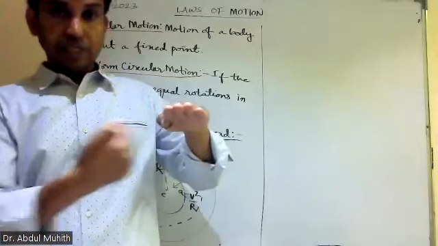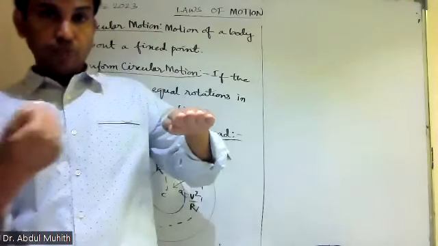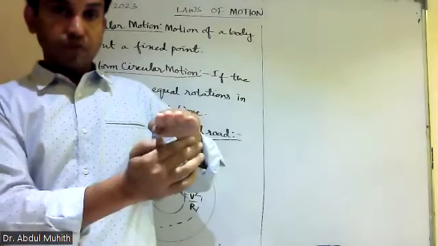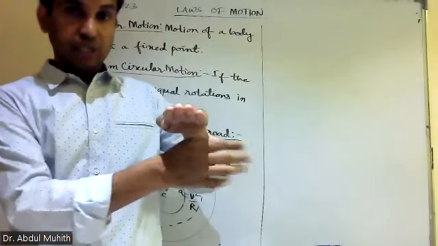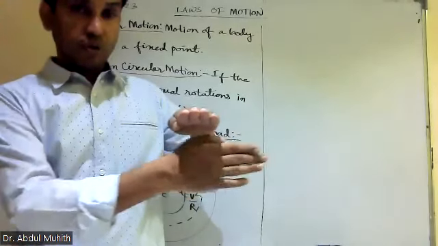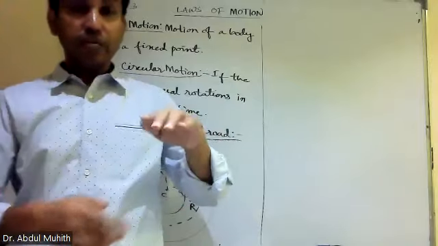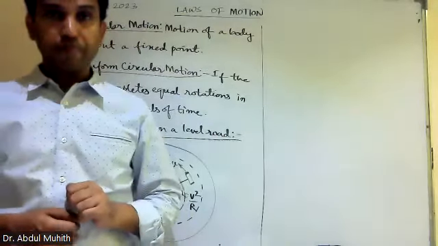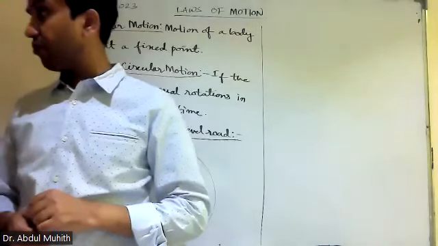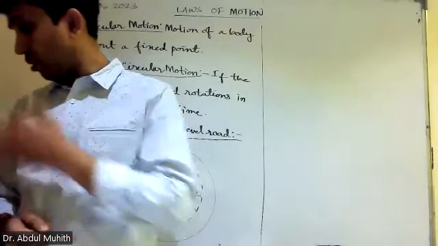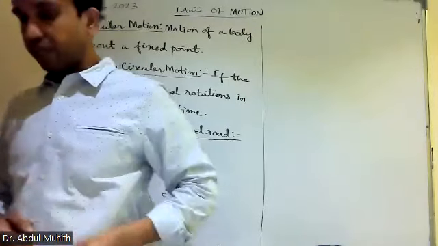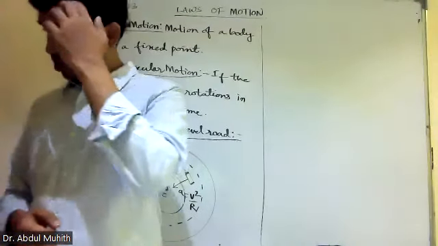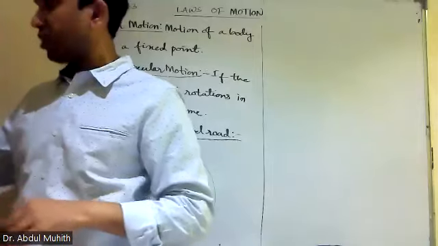Once again, the centripetal force, acting from the body towards the center, should be exactly equal to the frictional force acting in the opposite direction between the tire and the road. Then only the body can take a smooth turn. Did you understand this, all of you? Yes, sir. Once again, see here. Suppose I take one more example.